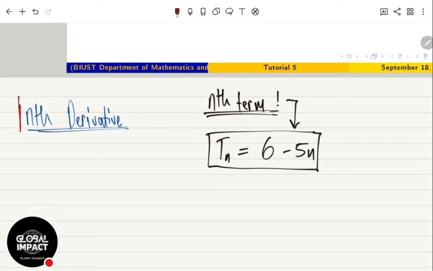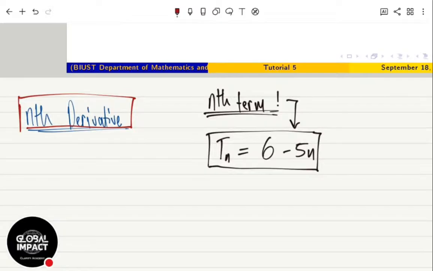And it's the same thing for nth derivative. It is a formula. If you have found the nth derivative, it means you have found the formula which you can use to find maybe the 10th derivative or the 11th, the 5th, the 6th, the 19th, or the 100th derivative, any derivative.